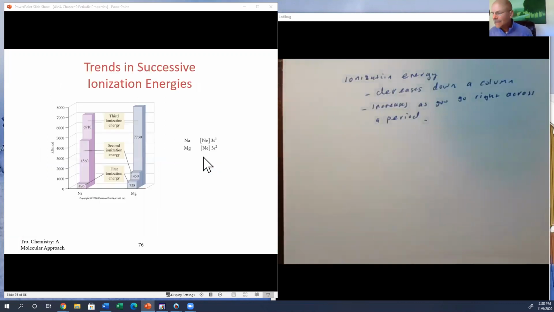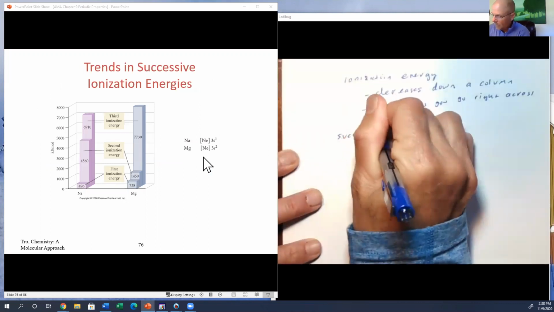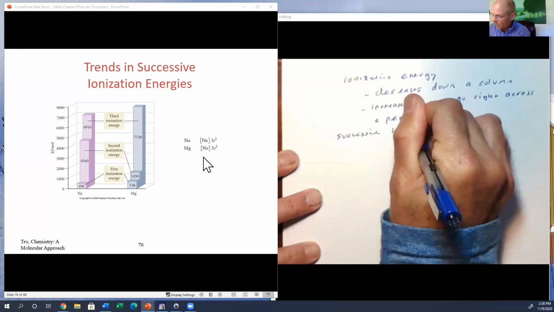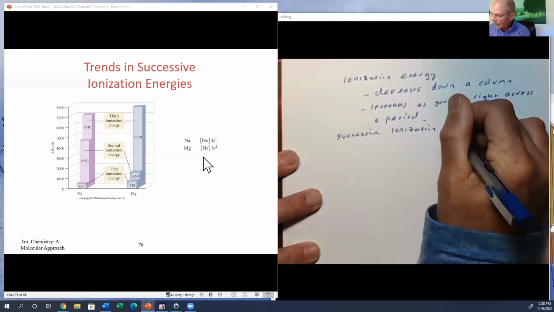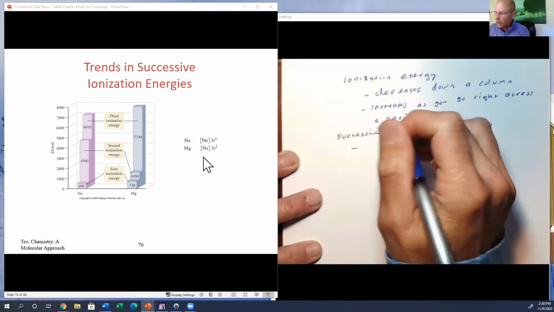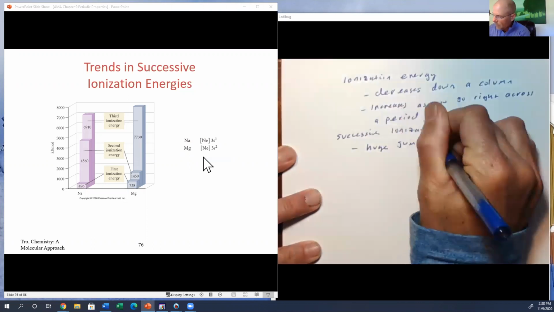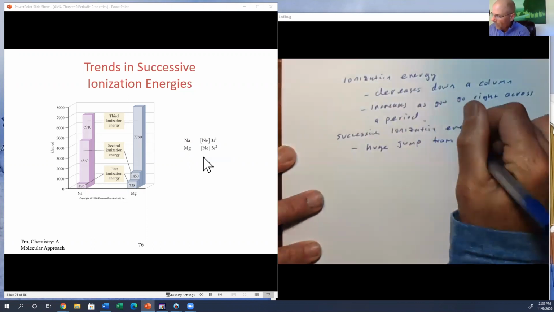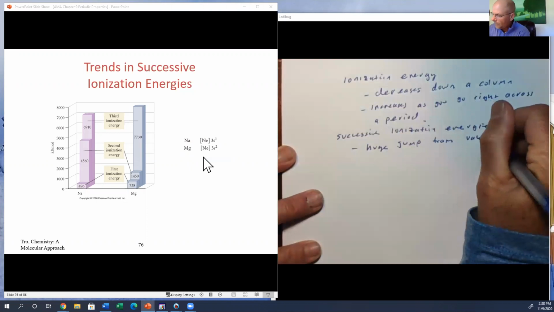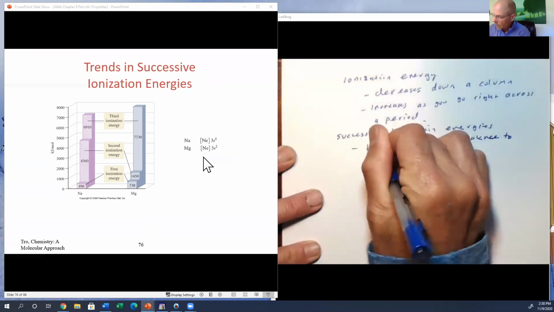Let's look at successive ionization energies now. When you look at successive ionization energies, the important thing to realize is there's a huge jump from valence electrons to core electrons.